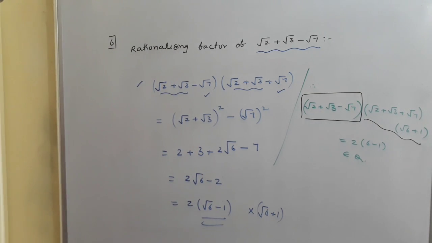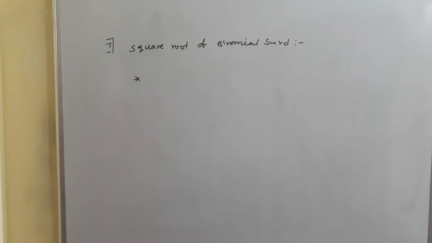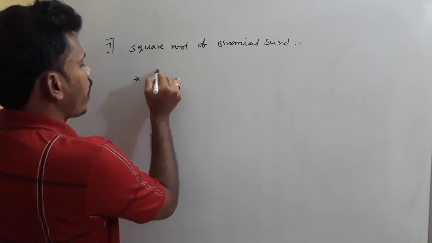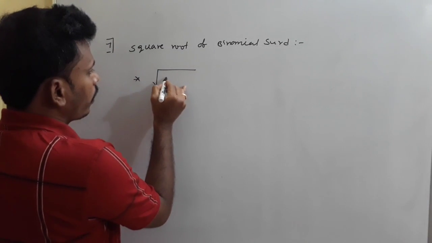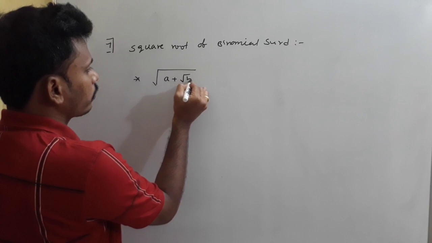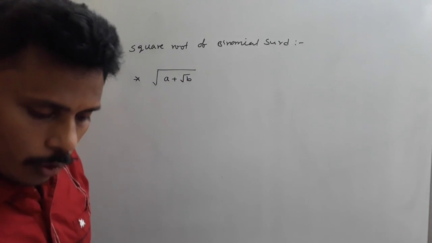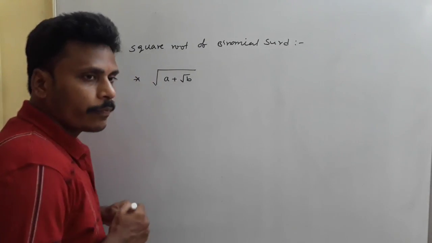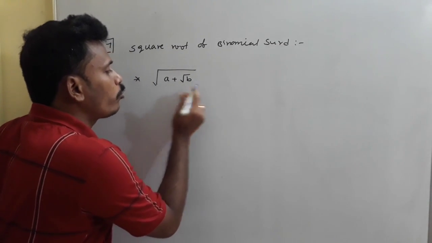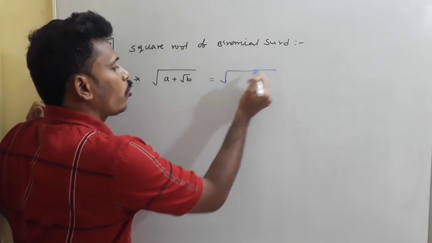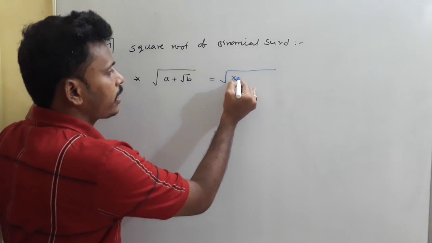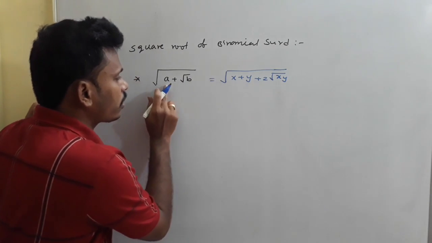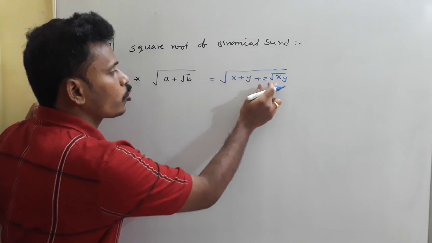Seventh one, we need to find the square root for a binomial surd. Suppose you wish to find the square root for some a plus root b. First of all, we need to express this a plus root b as the square root of x plus y plus 2 root xy.